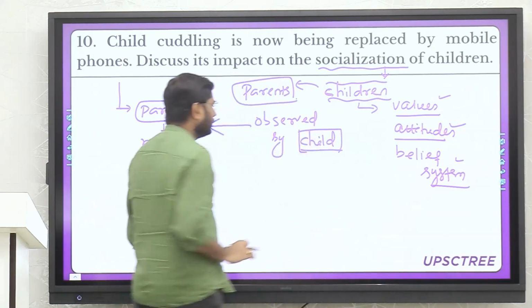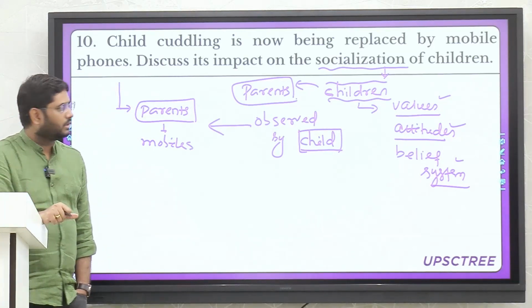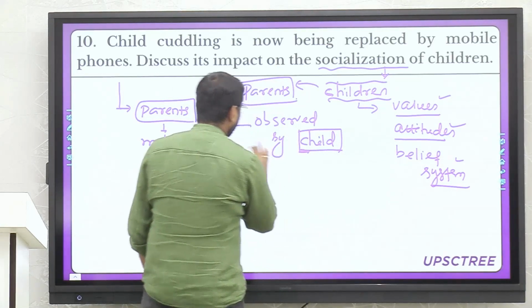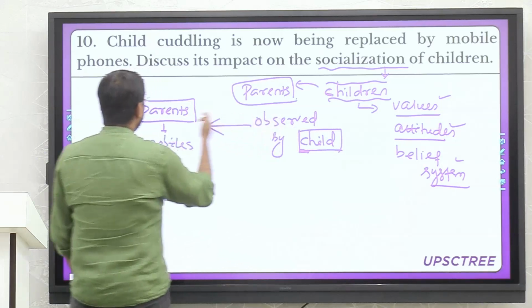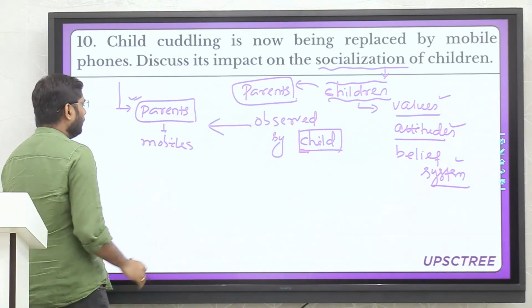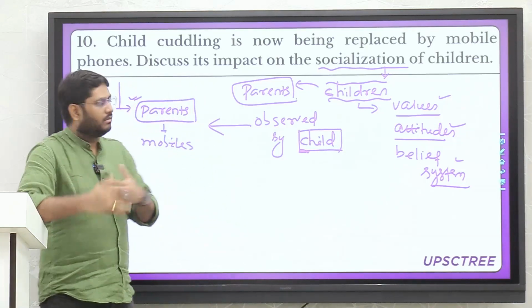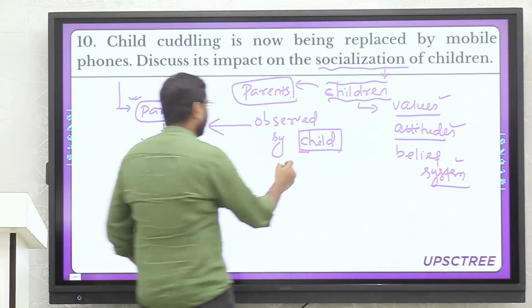Most of the time the child develops attention deficit disorder. That also happens because the child is not getting time from the parents. So the child observes that my parents are engaged in mobiles all the time instead of interacting with the child. So the child is alienated.